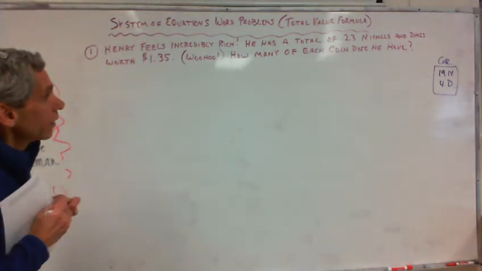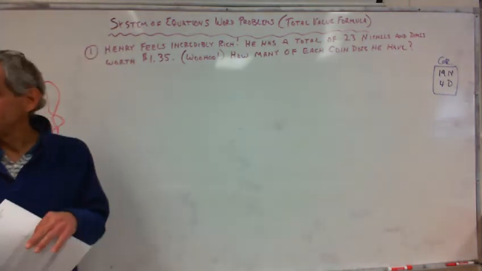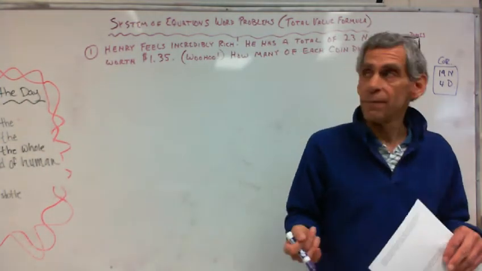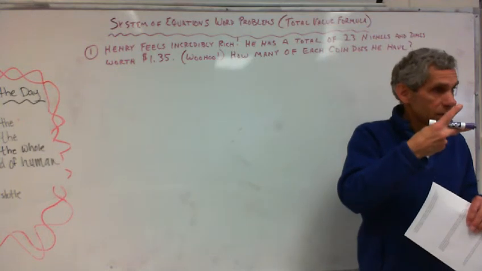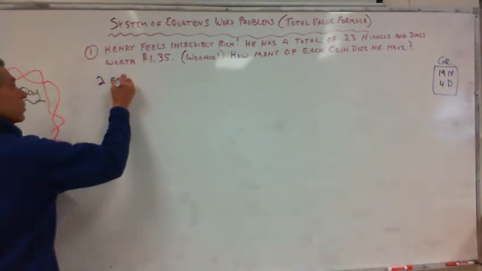All right, so first of all, I just want to talk about two things. We're going to set this up as a systems of equations again, okay? And we are going to be creating 2 equations then. Okay, so we're going to look for 2 equations.